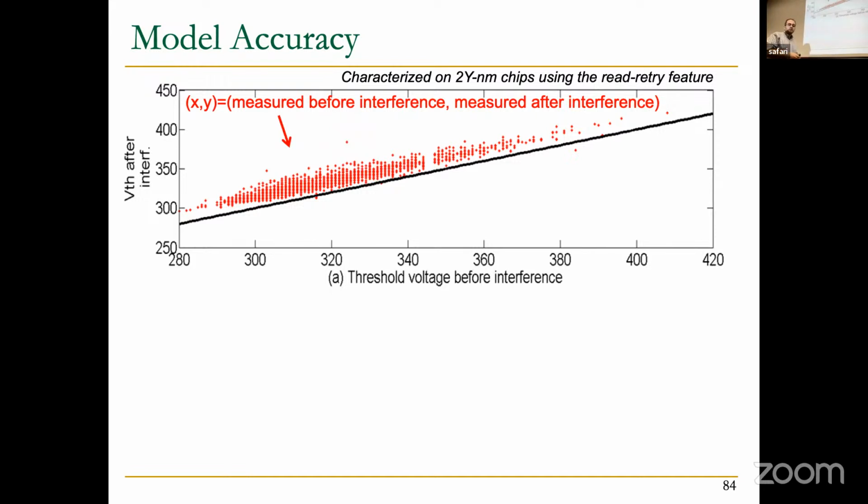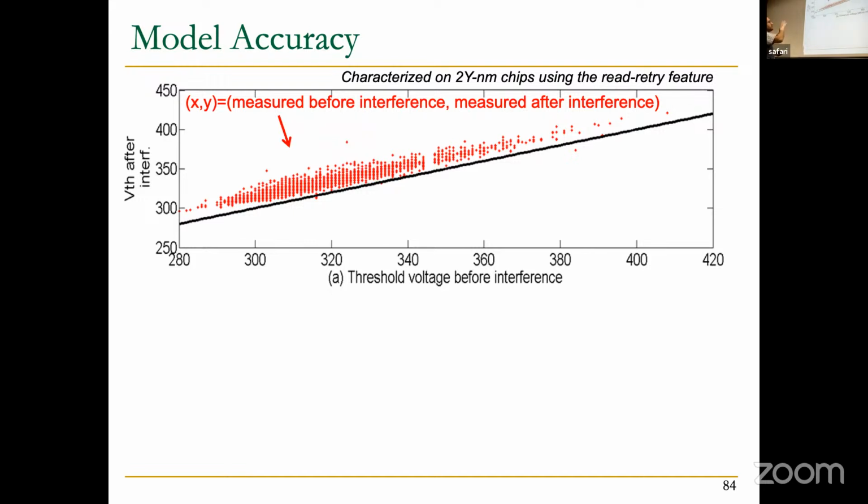What you really want is this solid black line, where you don't see any difference, so everything stays the same: as you increase the threshold voltage before interference, you want exactly the same after.